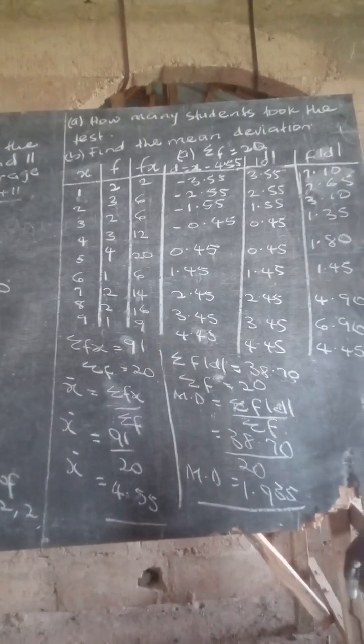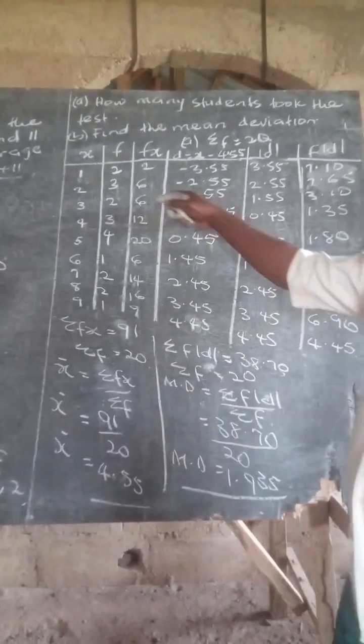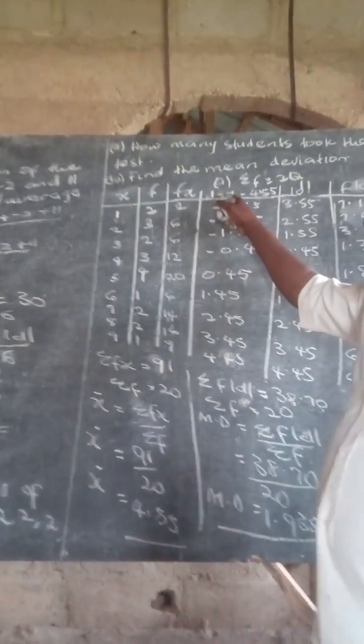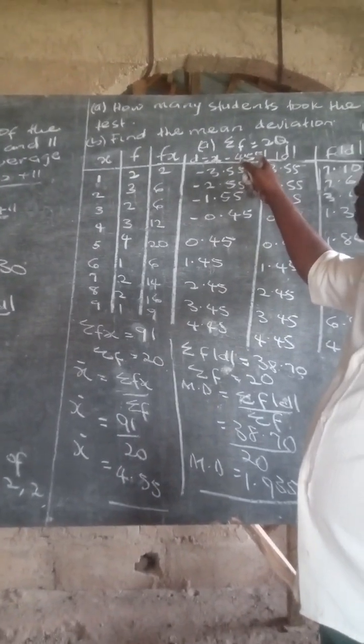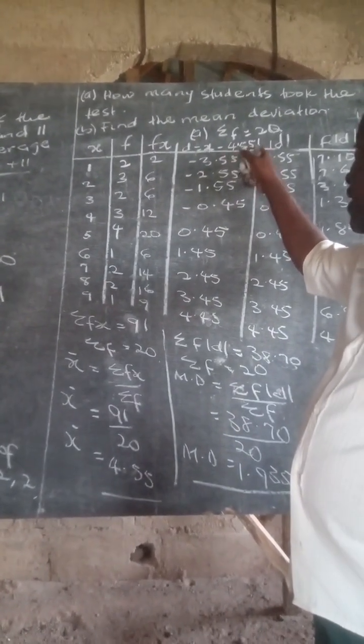So after finding the mean, we use it to find the deviation. That would be equal to X minus 4.55, because our mean is equal to 4.55. X minus X bar.